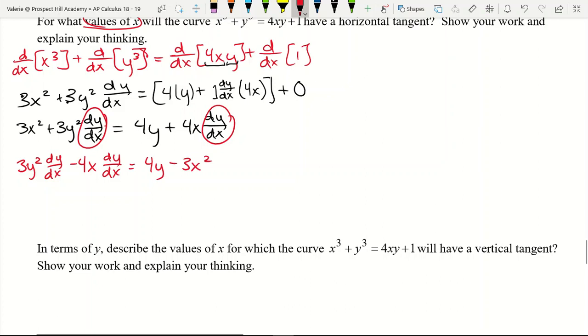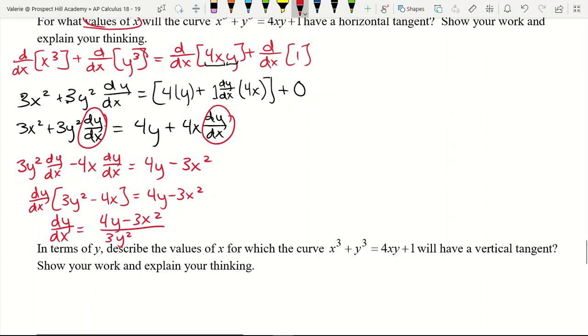And when we factor out the dy/dx, we get dy/dx times (3y squared minus 4x) equals 4y minus 3x squared. So our final answer, dy/dx equals (4y minus 3x squared) over (3y squared minus 4x).